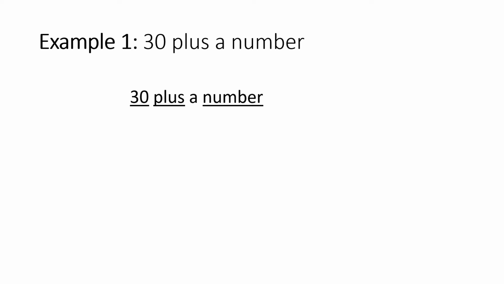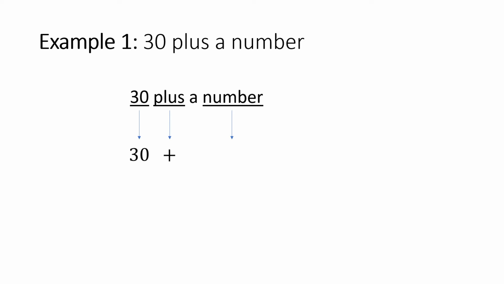So here, example 1, I have the English phrase 30 plus a number. The first step is I want to underline all the important pieces of the phrase. I've underlined 3 pieces here, 30, plus, number. Now I'm ready to translate that into the algebraic expression. 30 is just going to be 30, plus, looking back at our chart, represents addition, so that's going to be plus.